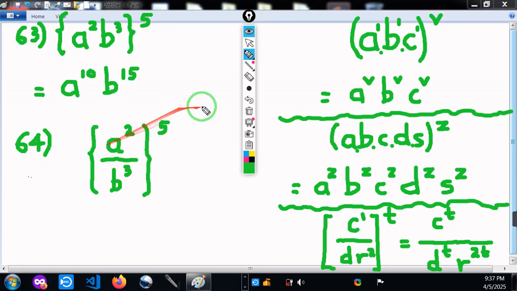Upstairs power 2, 5, together. Then downstairs power 3, 5, together. So what happens there? A: we put 2 and then in brackets times 5, or 2 times 5 will be 10. Very easy, same. And then downstairs will be B. 3 and 5 will be 15. Wow, so good.